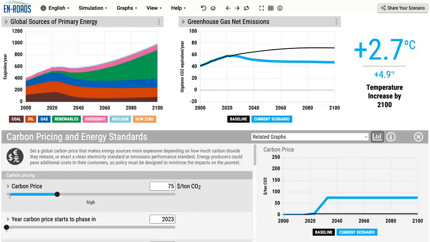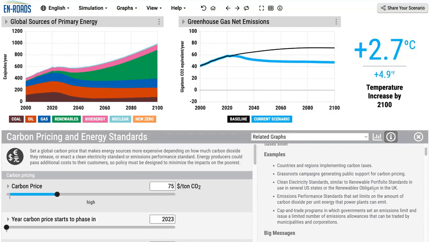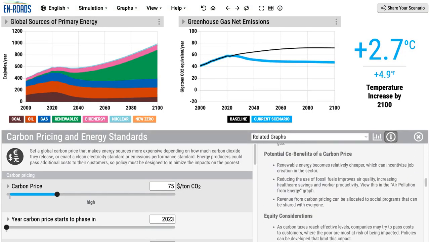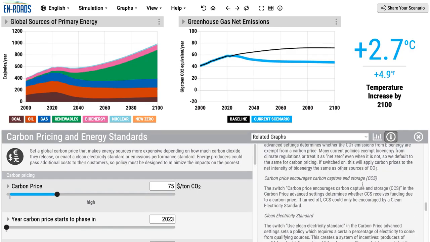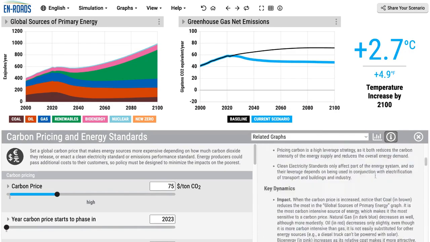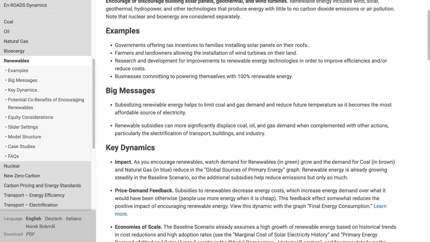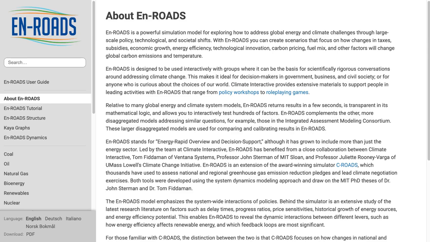On the right, one can both see the carbon price being set, but also more information under the I button: examples of what the policy means, what the message is, what the dynamics are, the potential co-benefits and equity considerations, the exact settings, and some case studies. One can also click in this corner and see the full user guide with this and the documentation behind many other policies, as well as general information about En-ROADS.